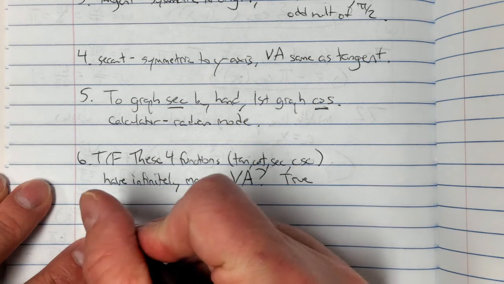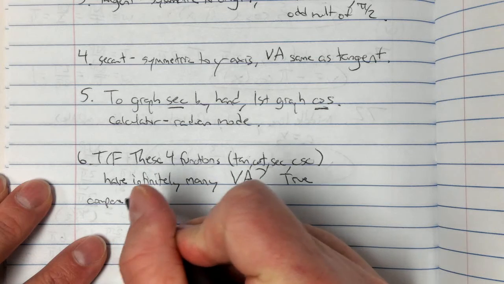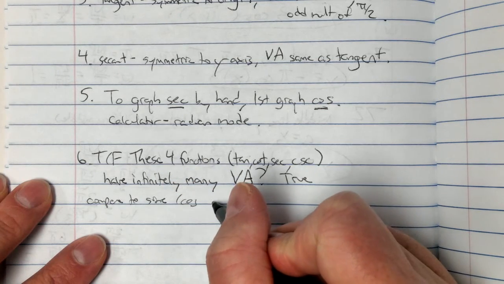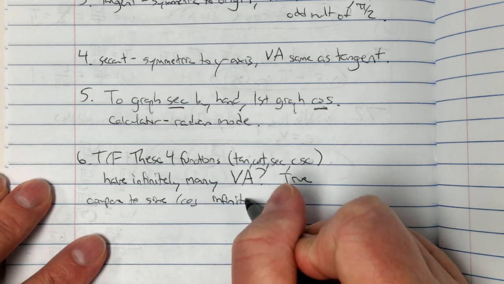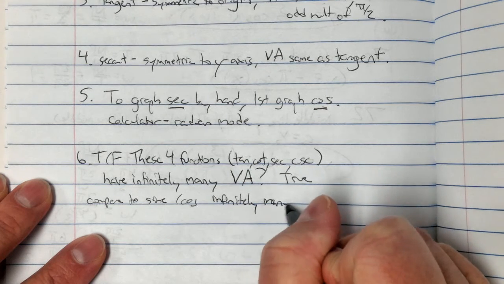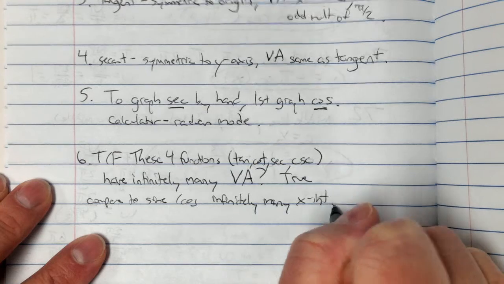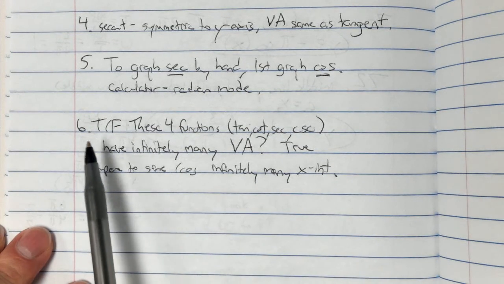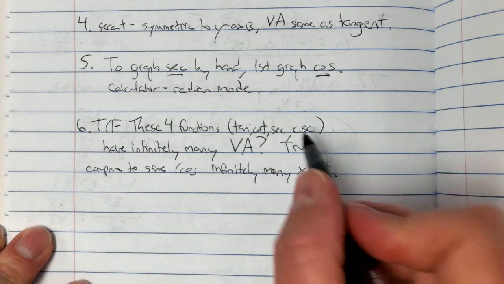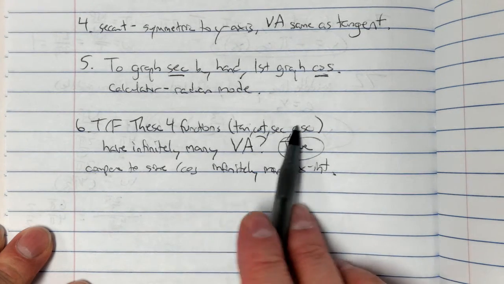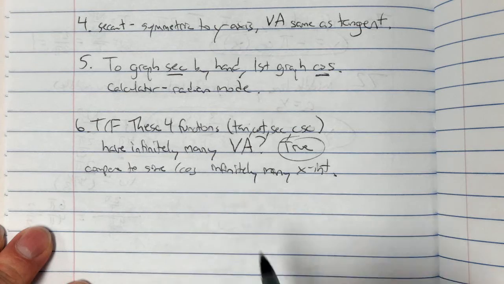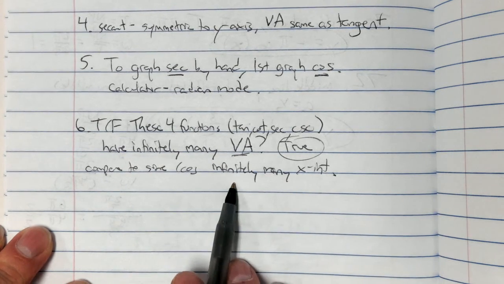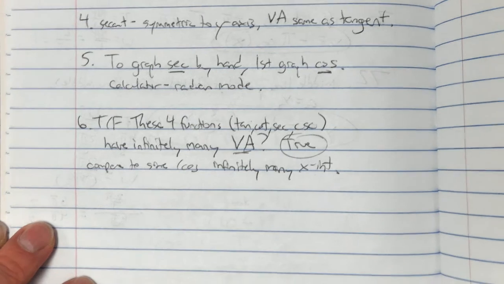Now compare that to sine and cosine, which said infinitely many x-intercepts. So on number 6, it is true, and for these 4 functions you have infinitely many vertical asymptotes. On sine and cosine you have infinitely many x-intercepts.